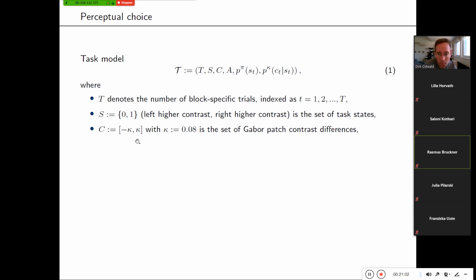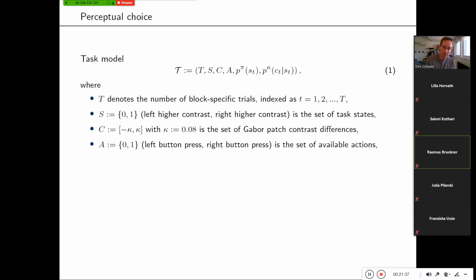These contrast differences are conditional on the state, because multiple contrast differences are associated with, for example, the state left, because it can be very strong on the left or just a little bit less strong on the left as compared to the right. So we have this set of contrast differences, which over both states take on values between minus 0.08 and plus 0.08.